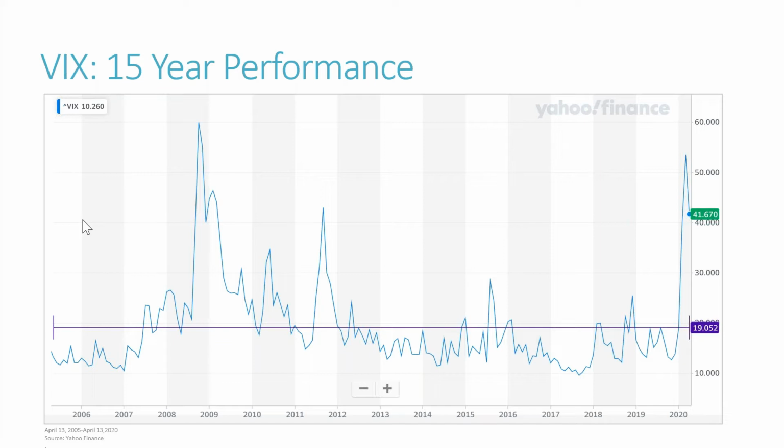This shows that the VIX peaked at around 60 on a month-to-month basis back in 2008, 2009, and it's about 54 or so in today's environment. So obviously, you can see where we've seen volatility on a scale comparable to what we saw in 2008, 2009. The purple line across there is the 15-year average, which is 19.